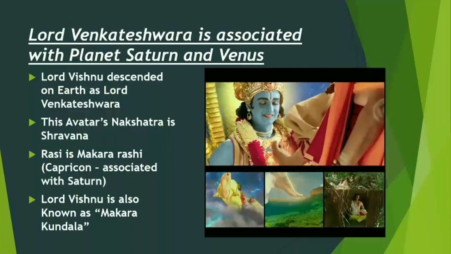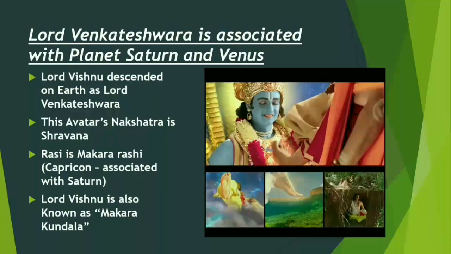This is the time when the sun goes in the Dakshinayan, which means the southern direction. The southern direction is the direction of darkness, and this direction is associated with the planet Saturn and the god Yama, the god of death. So here comes the connection of Saturn to this deity.